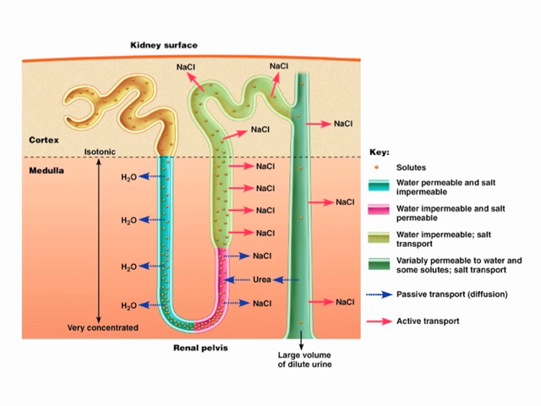Additionally, if you look at the bottom of the picture, you can see that the urea is recycling from the collecting duct back to the ascending limb of the loop of Henle. As a result of this process, the volume of urine being released is going to be large and the amount of solute inside of it will be low, thus giving us our dilute urine.